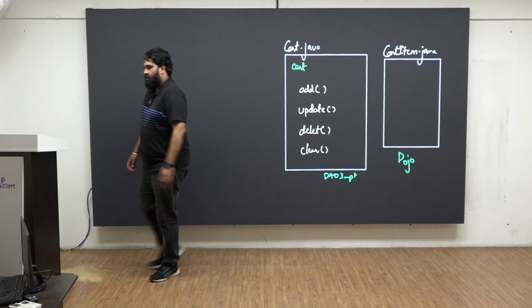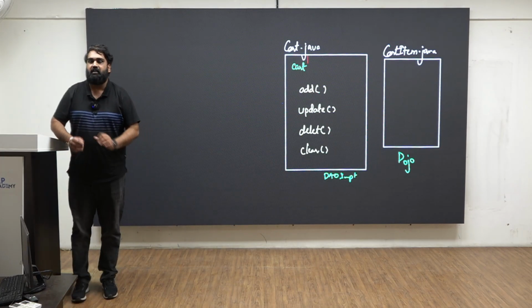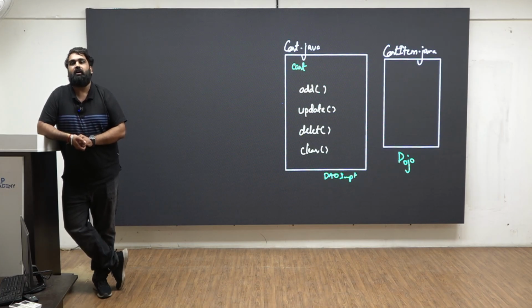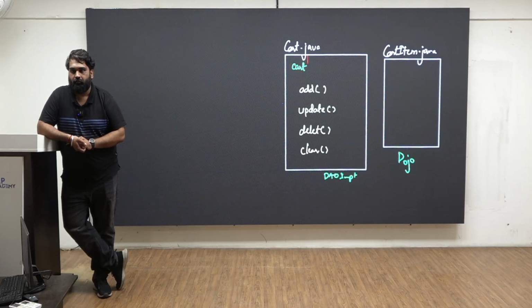Now tell me, can your DAO implementation files execute directly? When I say DAO implementation, what type of files are they? They are model files. If model files have to interact, or if model files have to execute, who should give the control? Servlet, or in other words, controllers, sir.